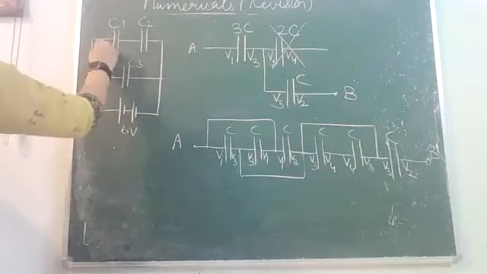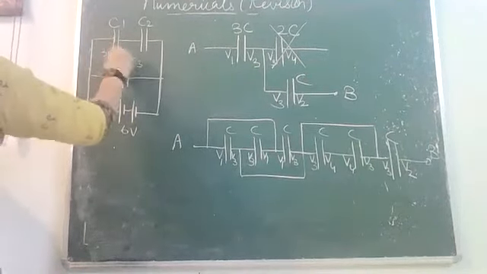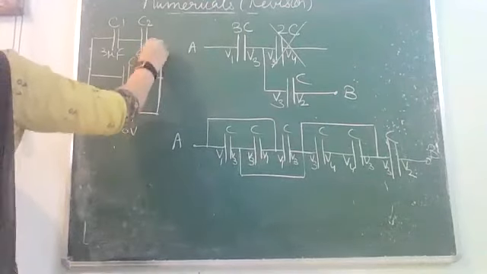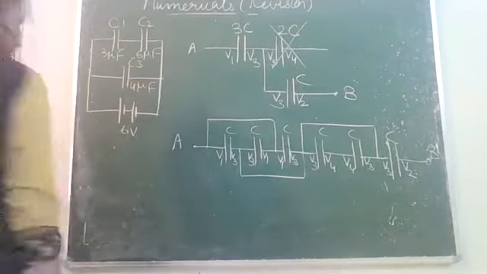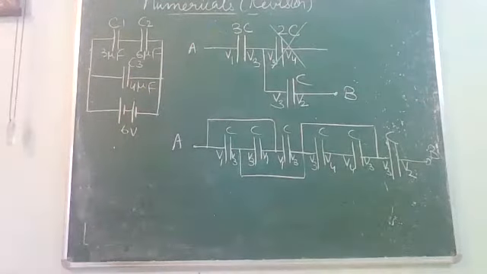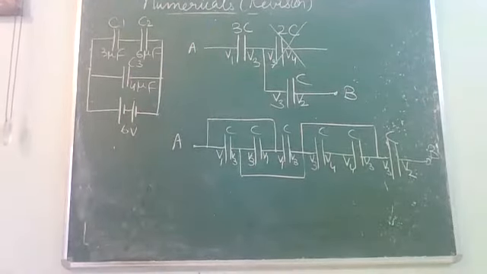C1 is 3 microfarad, C2 is 6 microfarad, and C3 is 4 microfarad. Find the total energy stored in the capacitors. The question is, find total energy stored in the capacitors.